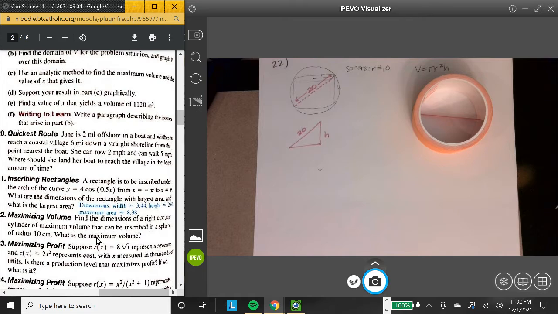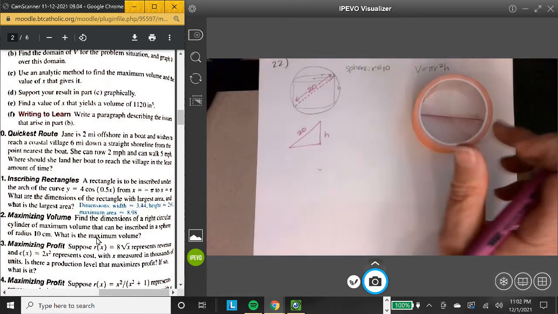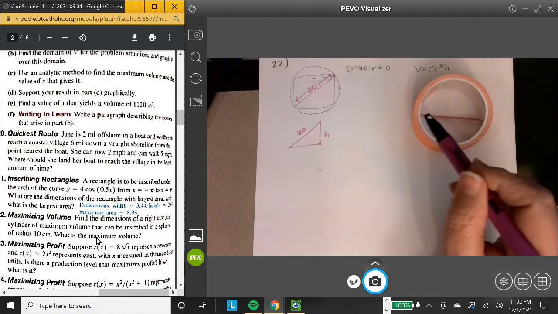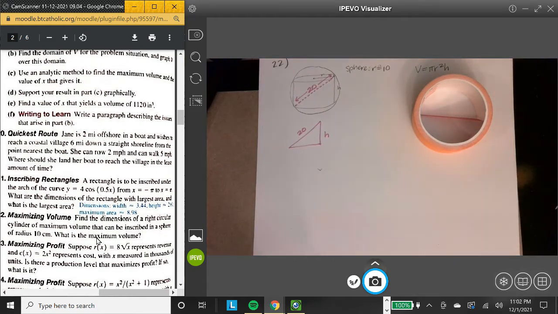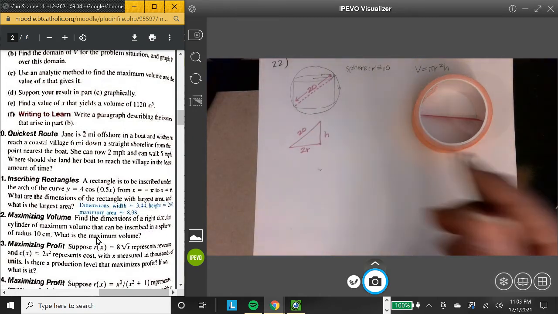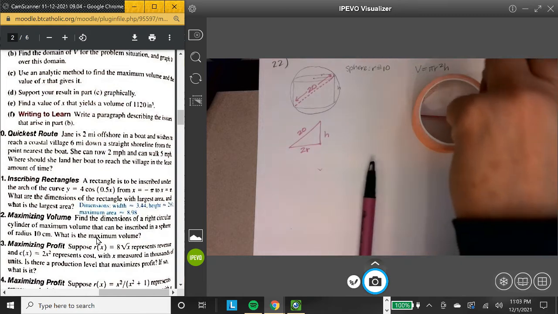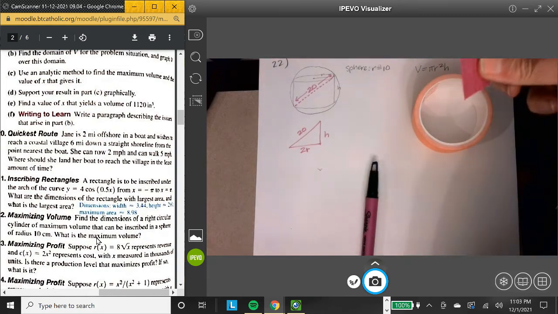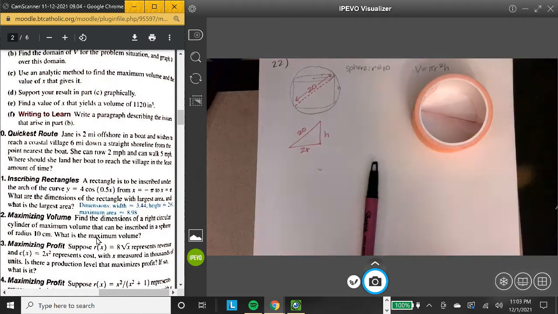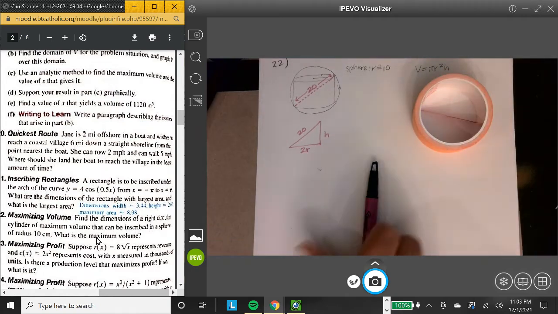All right, and what is the bottom here? Well, that looks like it's 2r. It's twice the radius of the cylinder, right? If I were to pull this out, you see that this bottom part here is twice the radius of the cylinder. I hope you can see that, right? Do you see that?